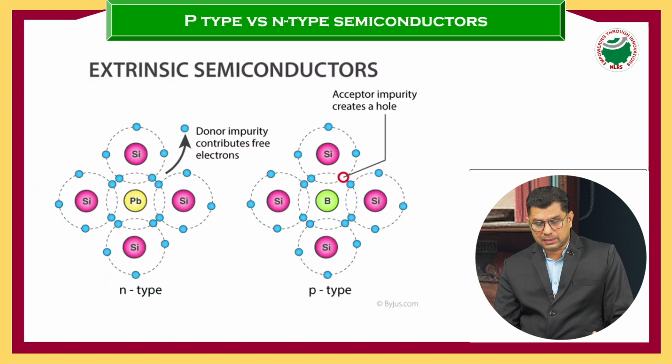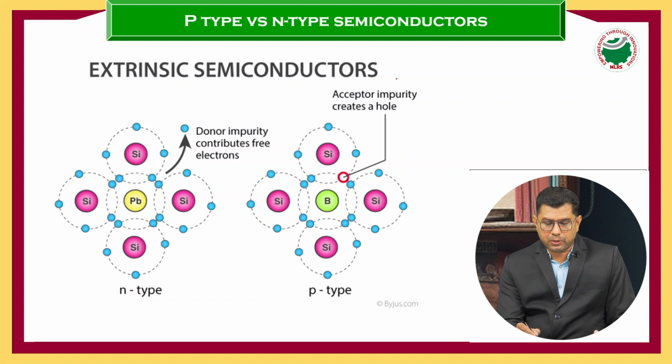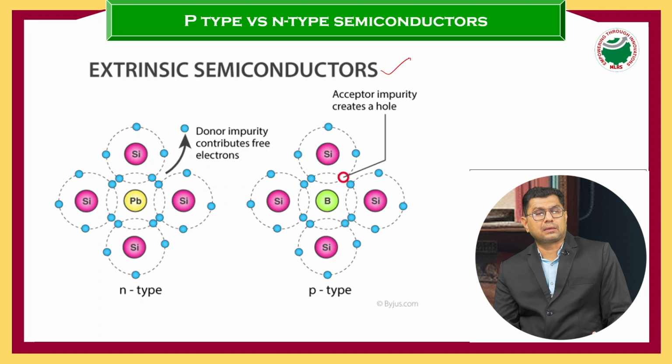Because of this change in concentration, we can alter the conductive properties. The beauty of extrinsic semiconductors is that the conductivity can be controlled through the concentration of doping, whereas in an intrinsic semiconductor, the conductivity is controlled by temperature. That is nothing but thermal energy controlling the conductivity.